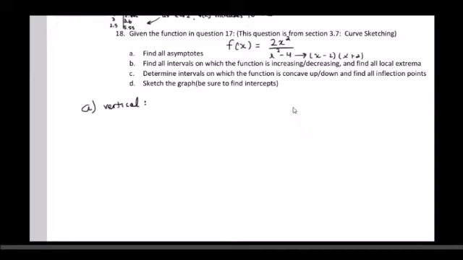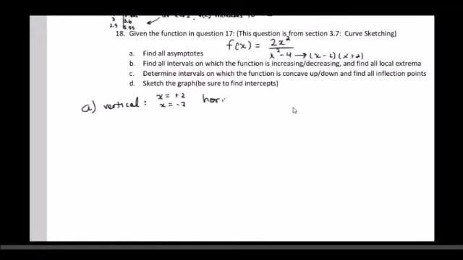Vertical asymptotes, if you recall, occur when the denominator is 0. We can't divide by 0. That's why the vertical asymptote is there, to prevent the graph from crossing through those x values. So the denominator would equal 0 when x is 2 or negative 2. So we're going to have vertical asymptotes at x equals positive 2 and x equals negative 2.